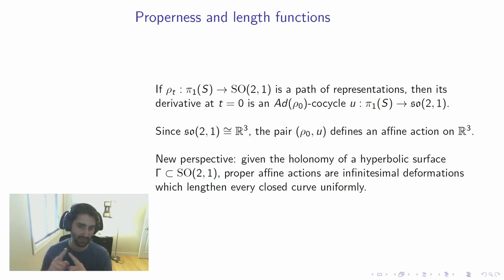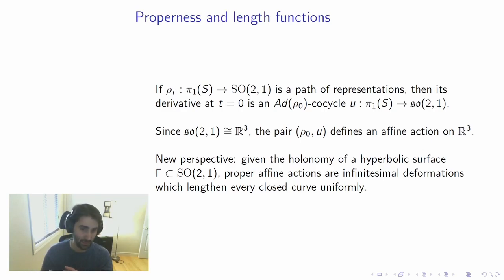So we'll look at all possible directions in which you can deform it. Some of those directions will be proper affine actions. And it turns out that the proper directions are exactly those which lengthen every closed curve uniformly.